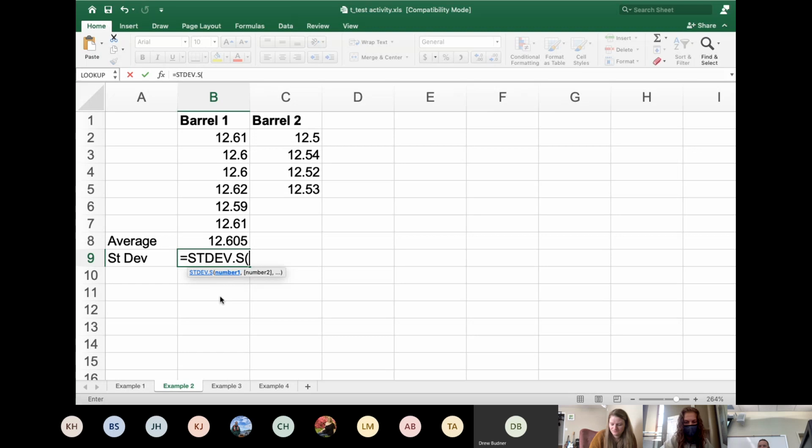And the way we make that determination is with the F test. So I'm going to go over here and do the F test. Like everything else, we're going to have an F calculated and an F table.